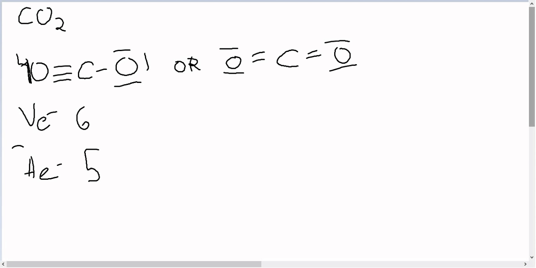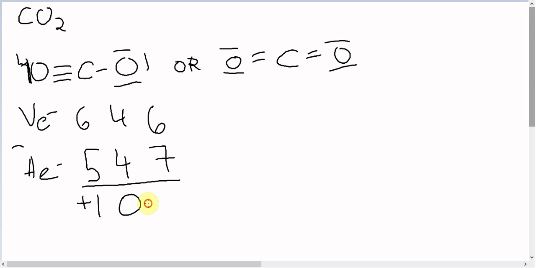Then the carbon has a total of 4 valence electrons, and it also has 4 electrons assigned to it. And this oxygen right here has a total of 6 valence electrons and has 7 electrons assigned to it. So if we calculate the charge, we get a positive 1, a 0, and a negative 1. Sorry, this is for the first Lewis diagram.